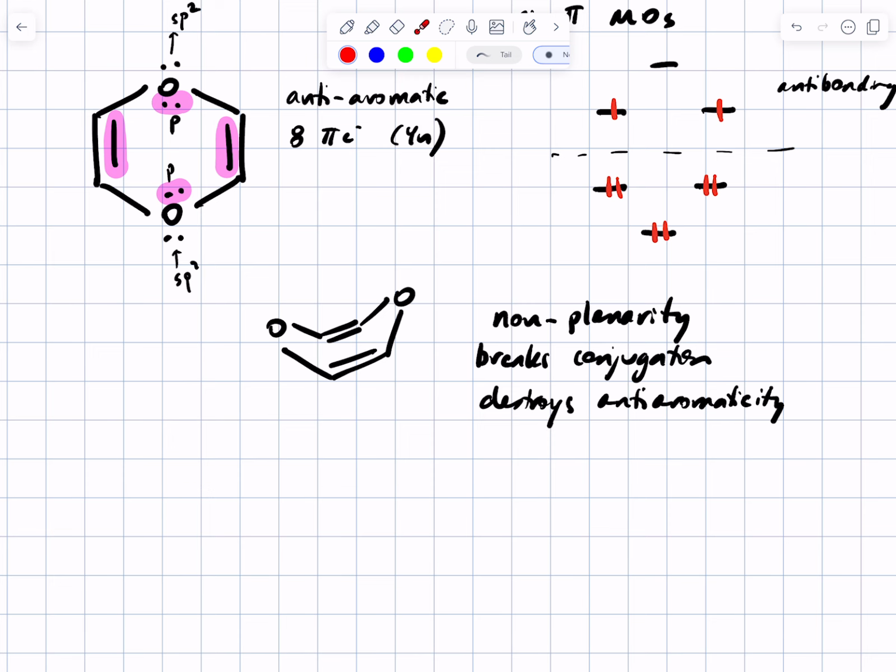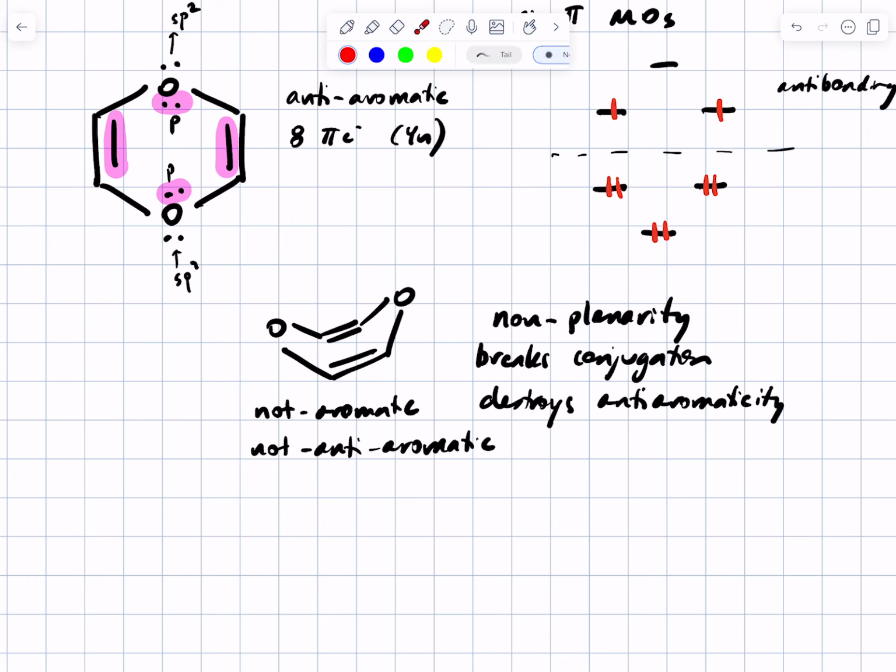Now that's kind of a convoluted story, isn't it? Because in reality, the real structure of this molecule that I've drawn is probably just not aromatic and not anti-aromatic. But the reason that it's distorted from planarity is because it's trying to avoid anti-aromaticity.